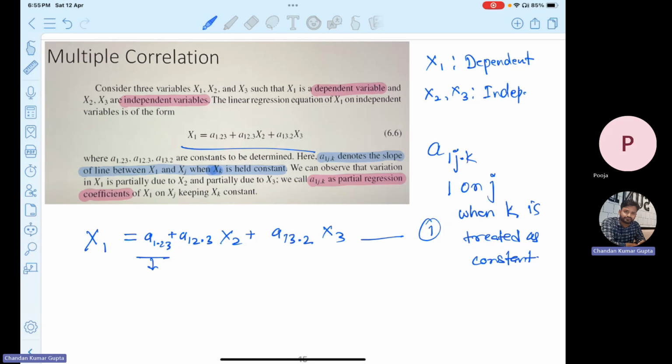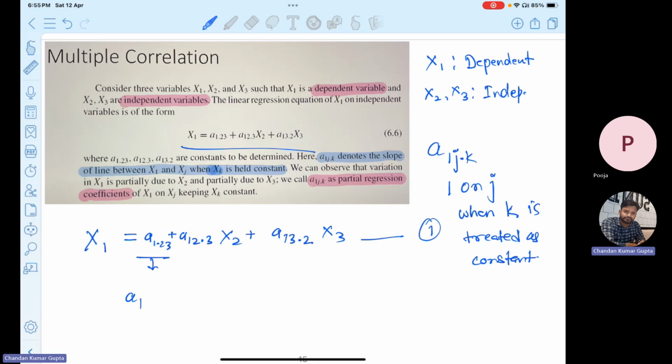So in this scenario, we can write a_1j.k. That means the correlation between 1 and j when k is taken as constant. The first one is a1.23, the correlation coefficient of 1 only. So this implies a multiple correlation coefficient of the dependent variable 1 with respect to 2 and 3.